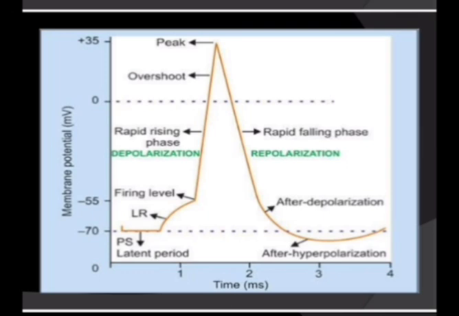And that is why you have the baseline here. So there is no current passing through the nerve cell at this stage. It's known as the resting membrane potential.